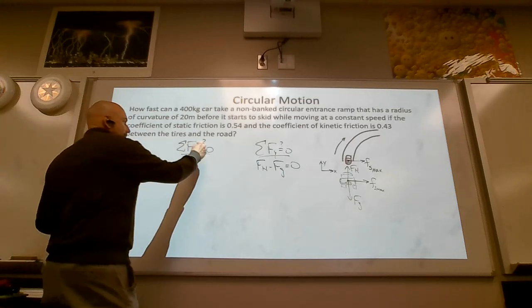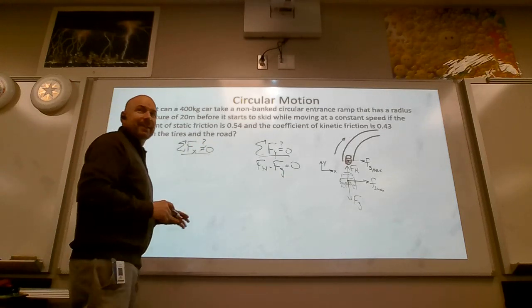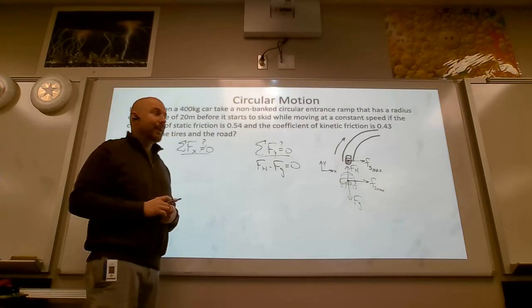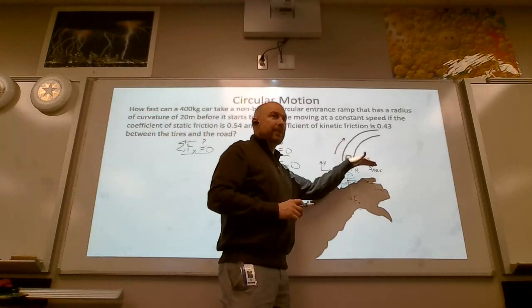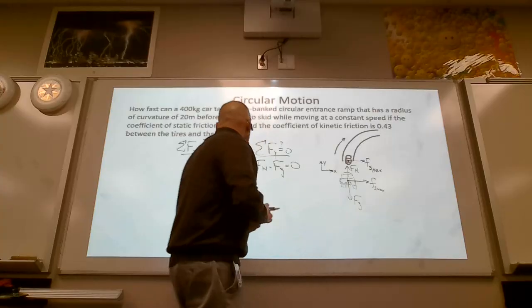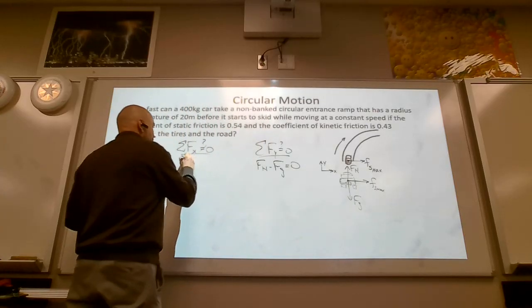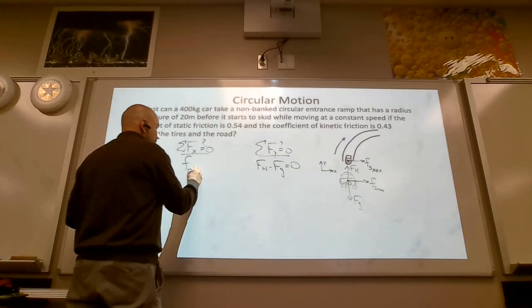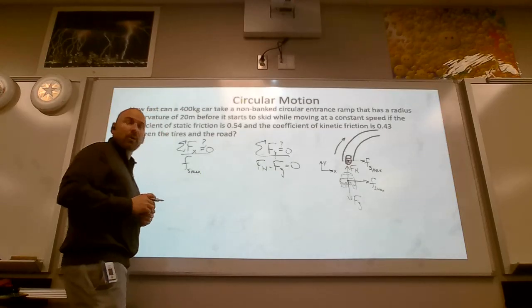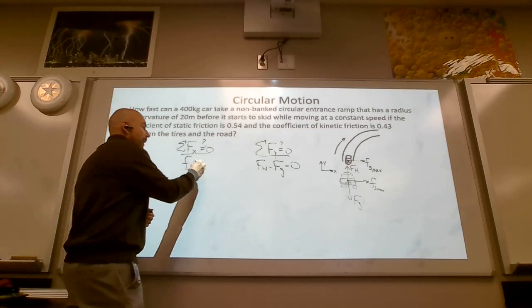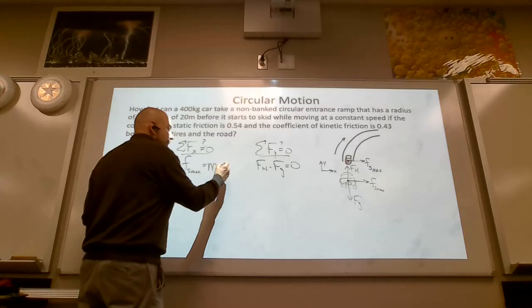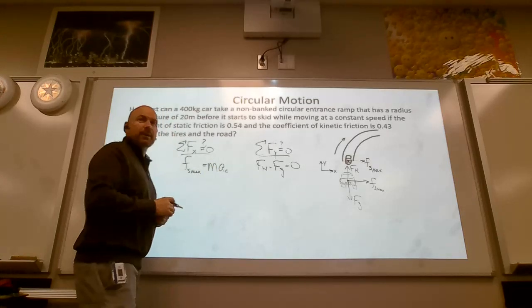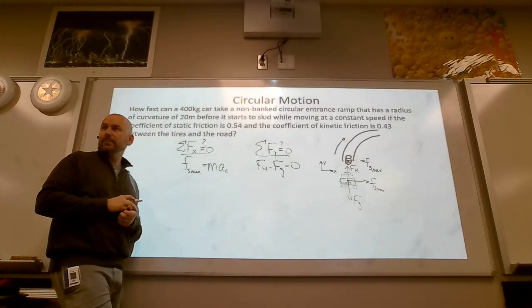No. Why not? It's experiencing acceleration. It wants to go in a straight line path, but it's being forced to turn off of that. So static friction is the only thing acting in the x direction, and that's equal to mass times centripetal acceleration. Right with that?